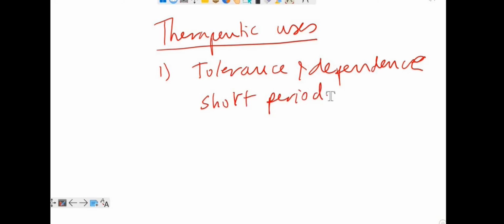The drugs of choice, as I have said before, are the selective serotonin reuptake inhibitors and selective noradrenaline reuptake inhibitors.